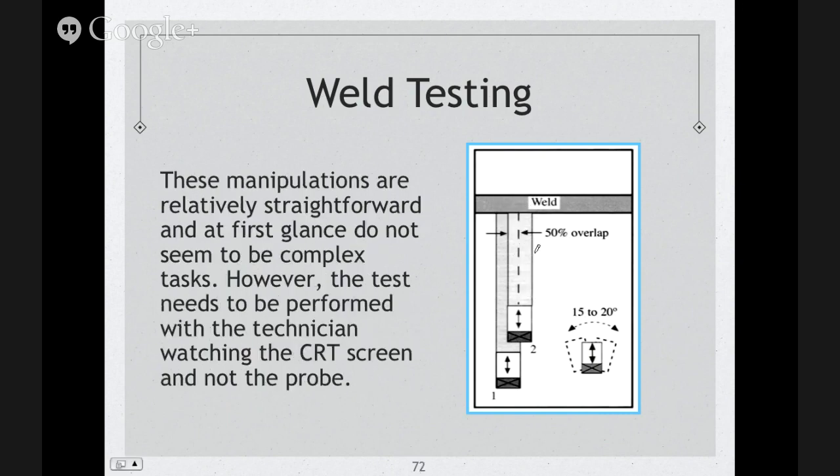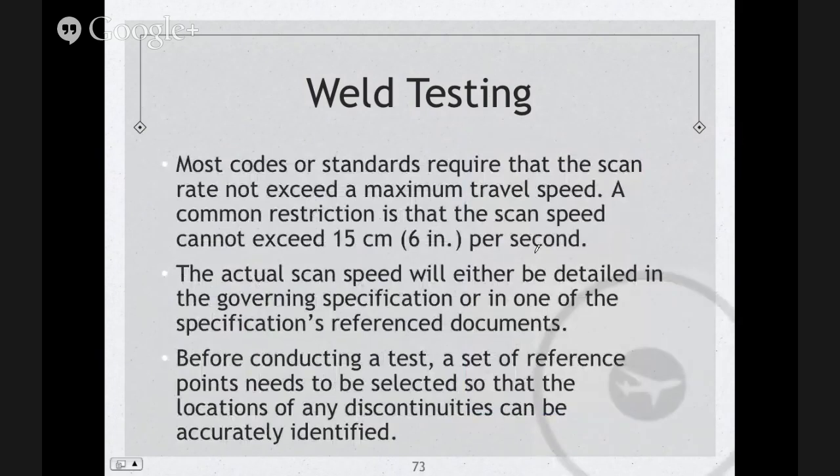Most codes or standards require that the scan rate not exceed a minimum travel speed. A common practice is that the scan speed may not exceed 6 inches per second. You don't want to go too fast. They usually tell you what the speed of scan should be, but if they don't, do not go above 6 inches per second.